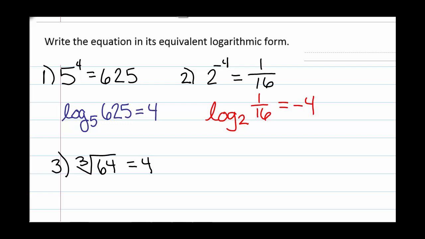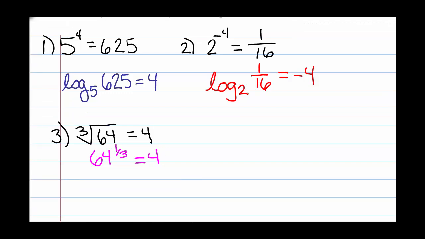So I can then turn around and write this as 64 to the 1/3 power equals 4. I'm just writing it in that form so that I see my exponent. I didn't move sides or anything like that. So now I'm going to go ahead and say log base. What's the base of my exponent? 64. Log base 64 of 4 equals 1/3.